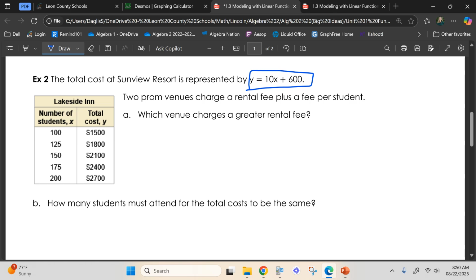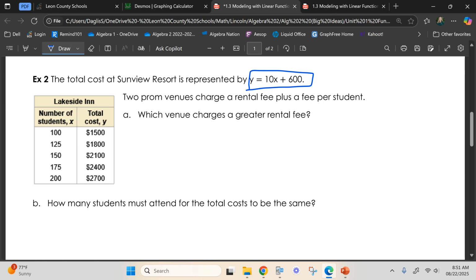Lakeside gave me a list of points showing how many students are going to come and the total cost of what the prom is going to be. So 2 different ways of information shown. It wants to know which venue charges a greater rental fee. So they both have a rental fee plus a fee per student.